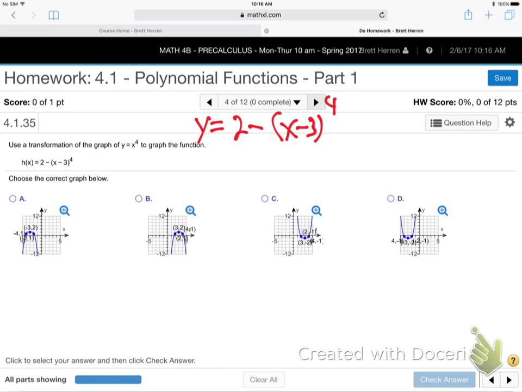So plug in there. What x value are we plugging in? 3. That's what will zero out the x zone, right? Plug in a 3.